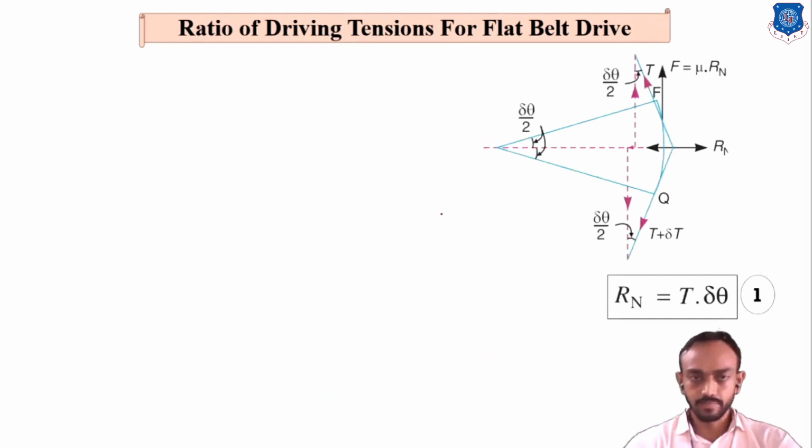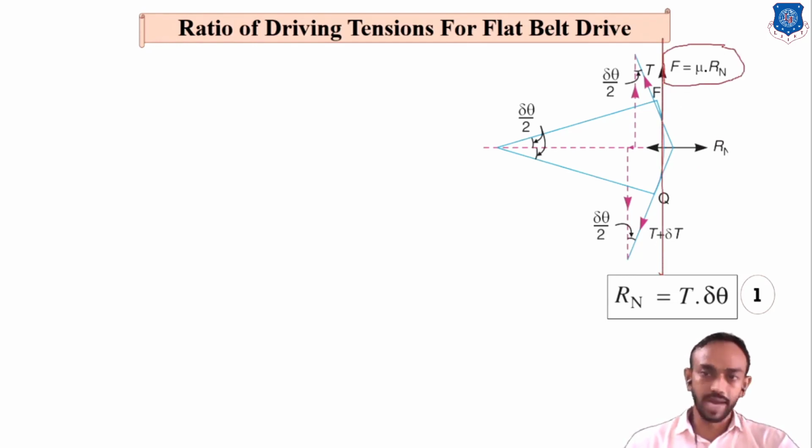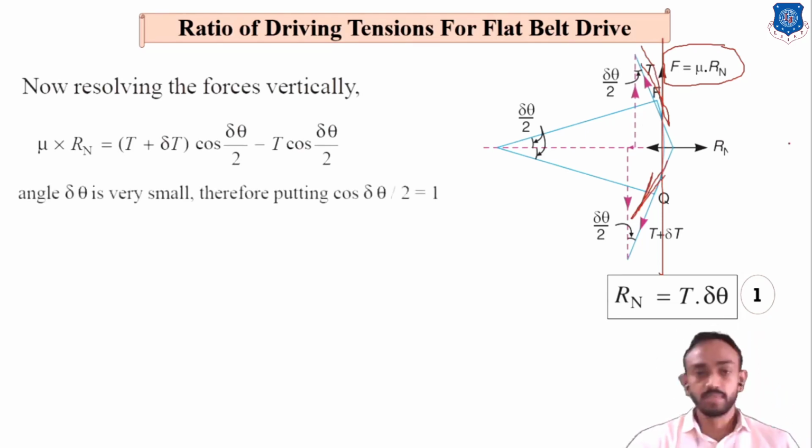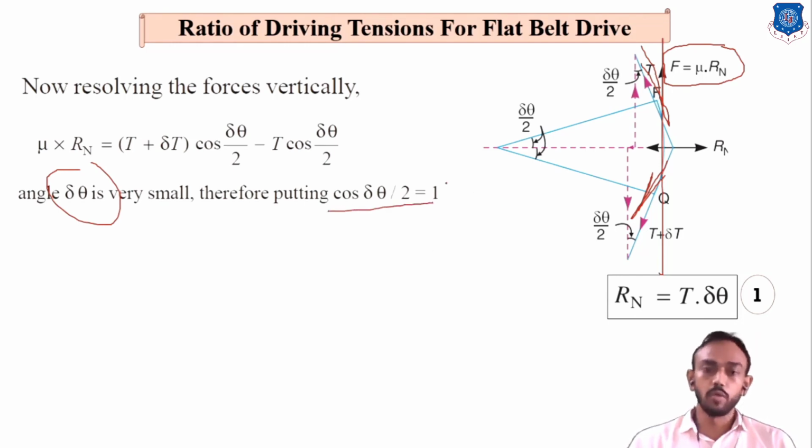Now we do the same for the vertical forces. There is the friction force equal to mu Rn, and the cos component of T and the cos component of T plus dT. The equation becomes this. But since d theta is a very small angle, cos d theta by 2 is equal to 1.